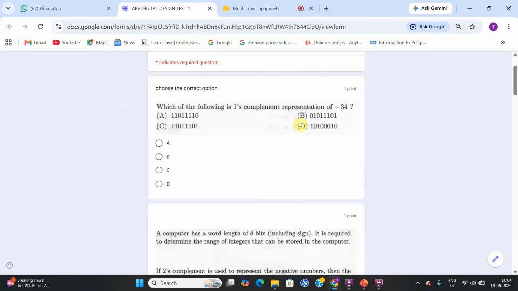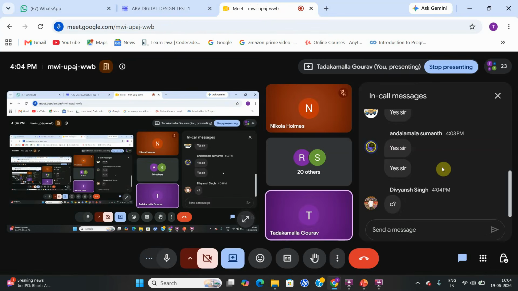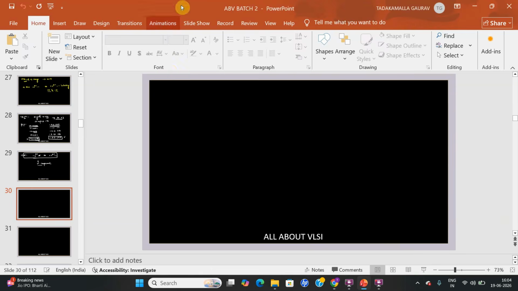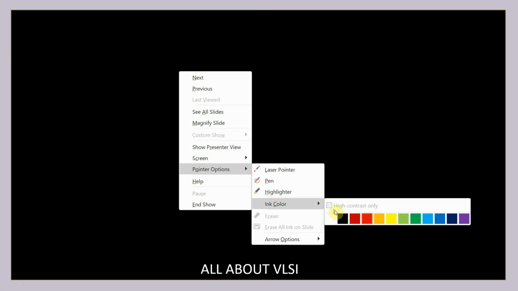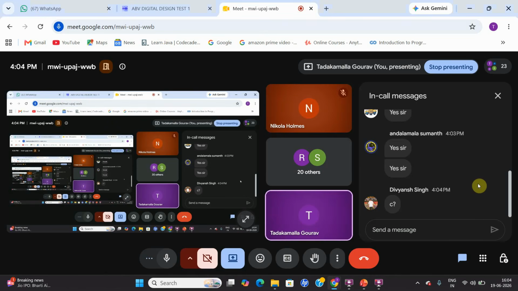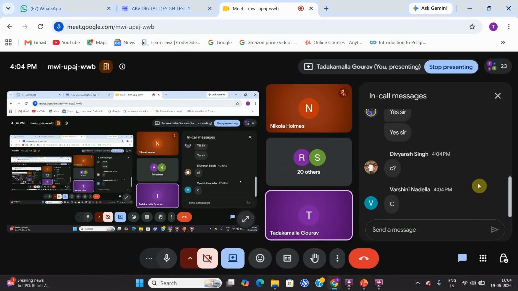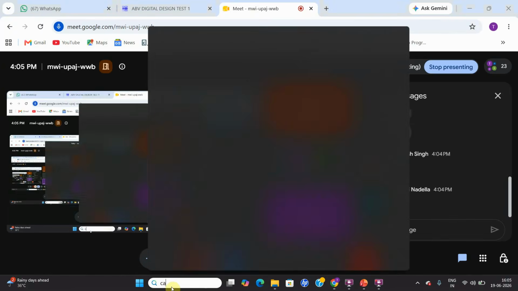What is the one's complement representation of minus 34? Others also, you can take your time and please try it out. Okay, I got two answers.